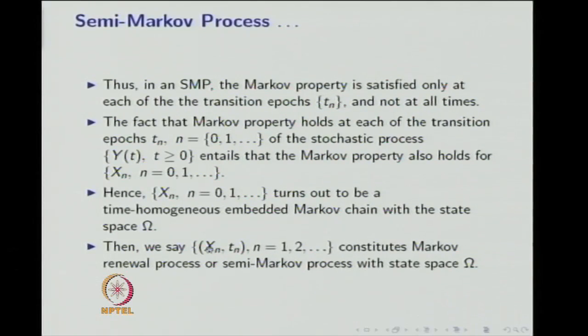Therefore, Xn comma Tn together constitute a Markov renewal process because these are all the time points at which the system moves into different states, and the Markov property is satisfied only at those time points. Therefore, it is called the semi-Markov process or Markov renewal process with the state space omega.